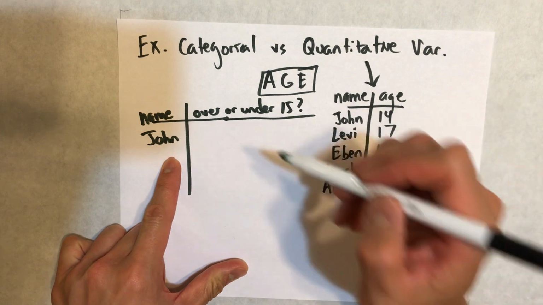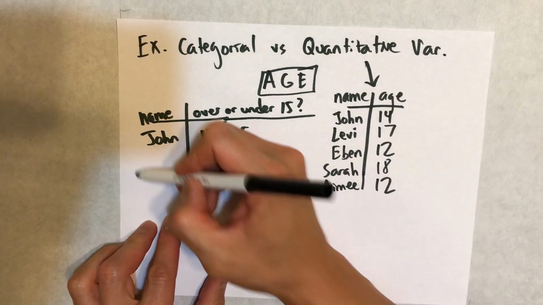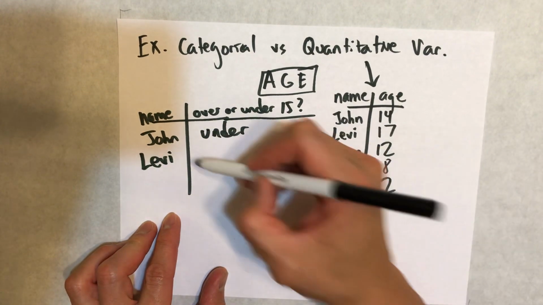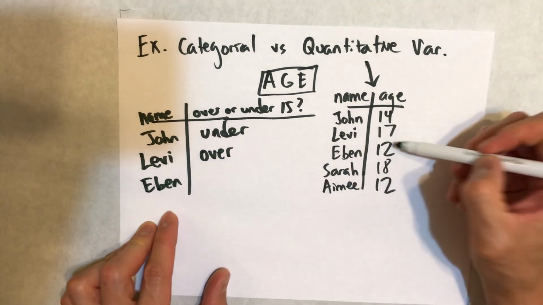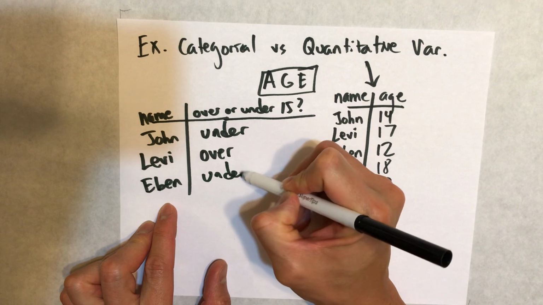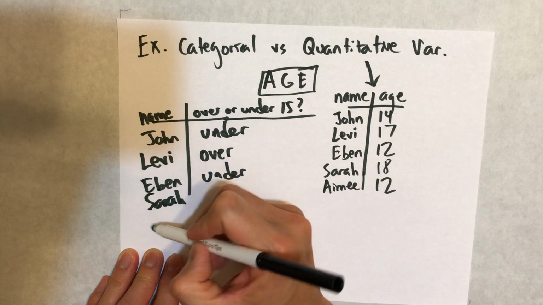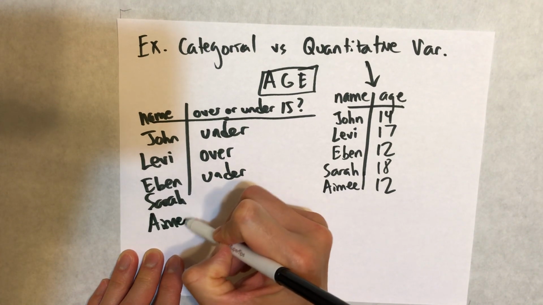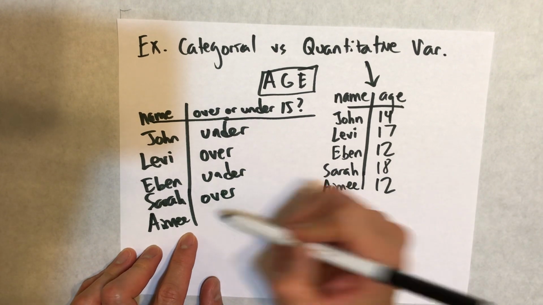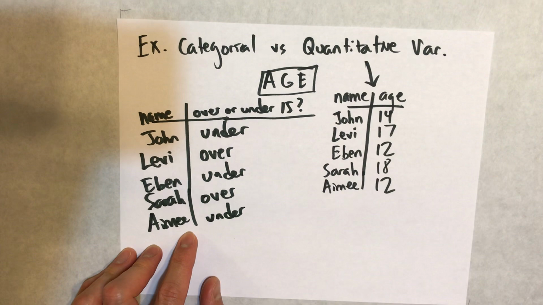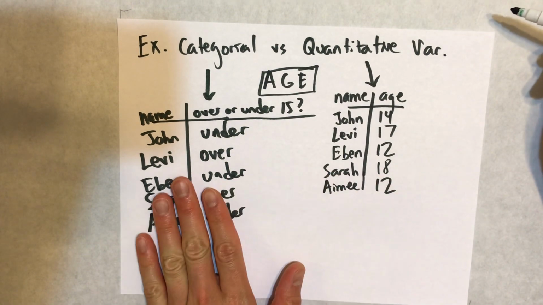John is under 15, so John would be under. Levi here, Levi is over 15. We have Eben here. Eben is under. And as you can see, the only 2 options for these individuals, for Sarah and Amy coming up, is that they have to be either over or under. Okay? So this is an example where you can take a quantitative variable and make it into a categorical.